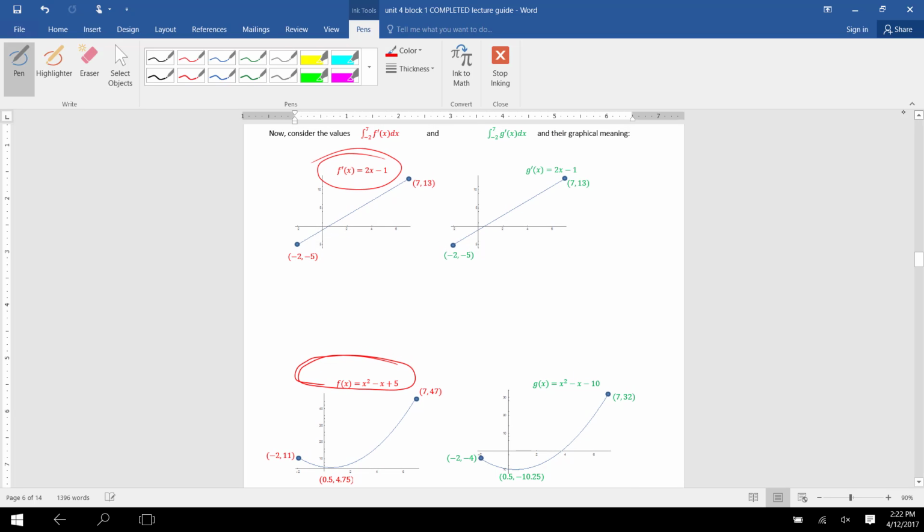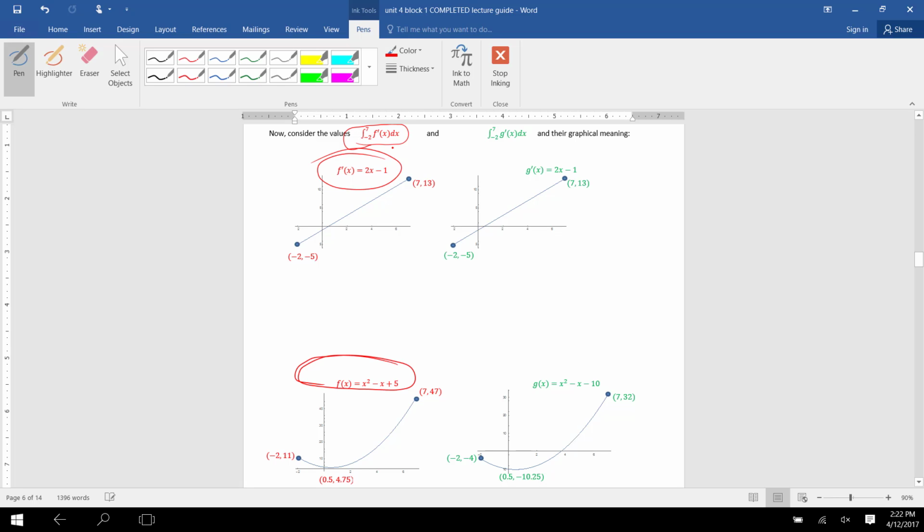The question we're being asked is to consider the definite integral from x is -2 to x is 7. I want to show graphically what this definite integral actually represents on the graph of f prime and what that definite integral represents on the graph of f.